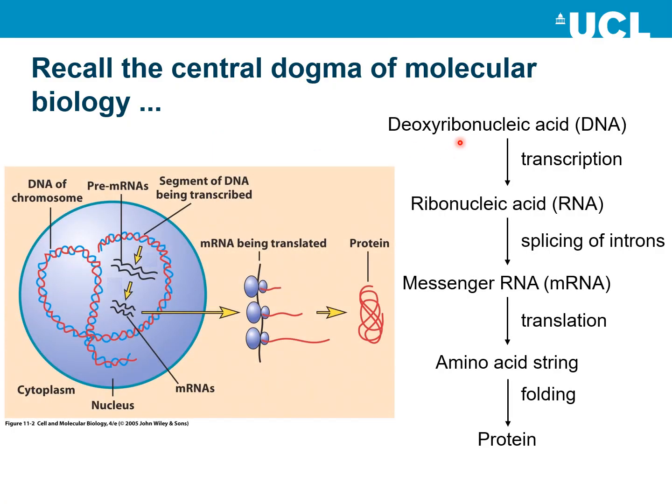This was essentially this flow of information from DNA, which is stored in the DNA sequence of the genome of the organism, onto its different genes here are transcribed into pre-messenger RNA, and then we get from this RNA splicing of the introns in eukaryotes to make the final messenger RNA, which goes outside the cell nucleus, and attaches to a ribosome to be translated three nucleotides at a time, per codon, into particular amino acids, and form this string of amino acids which make a protein, which then folds into a final protein.